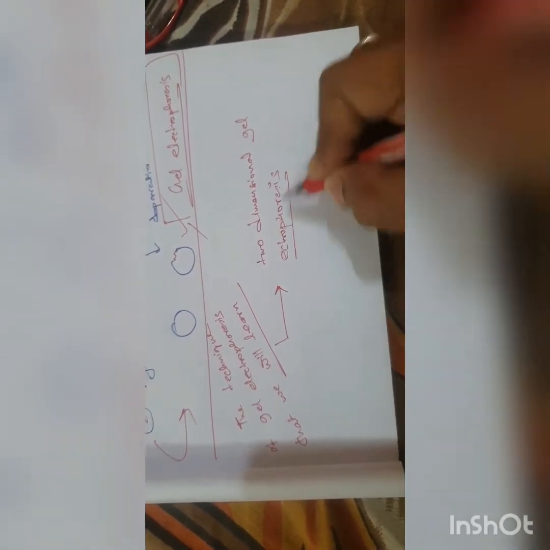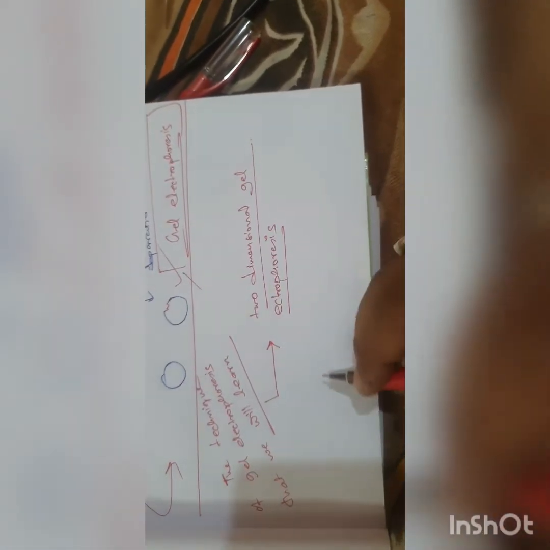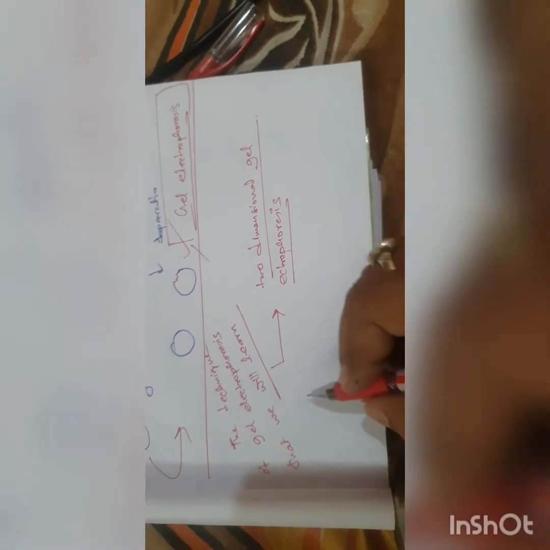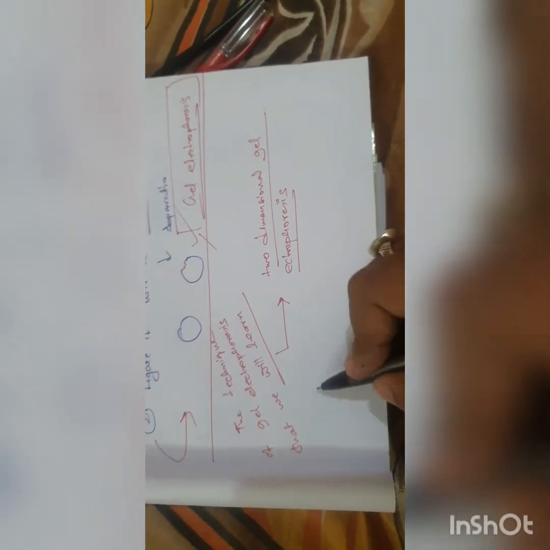So what happens in gel electrophoresis is that, first of all, we need agarose gel.